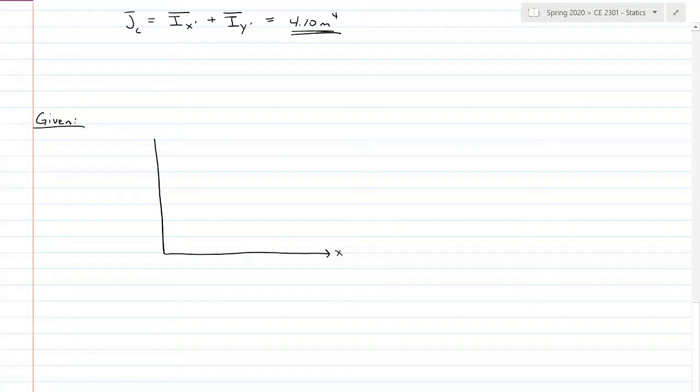let's have x in inches here, y in inches up here, and we will have a rectangular shape. Okay, so I'm going to cross x at 4, and y at 10, and y at 8.